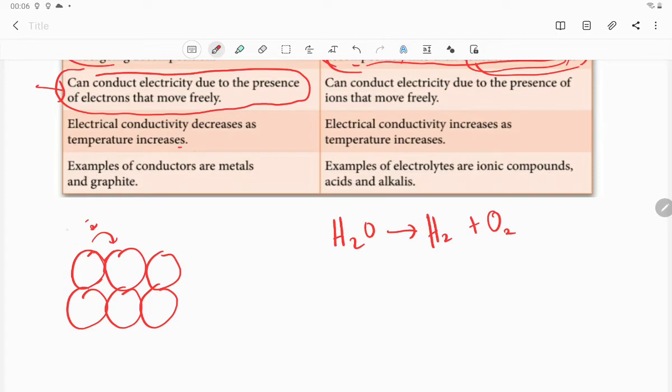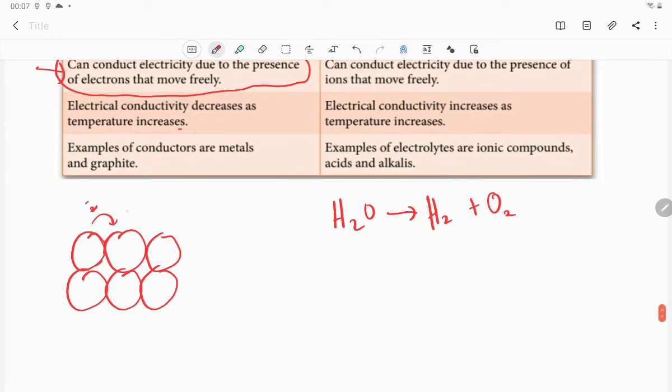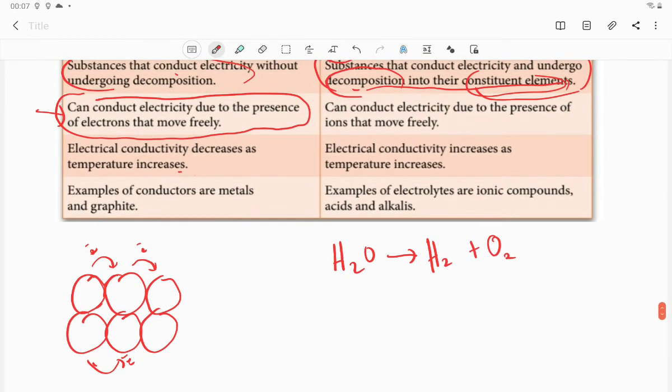Elektron ini datangnya dari valence electron dalam metal atom, and these electrons are very happy to jump around from one atom to another atom. So that's why metal can conduct electricity.